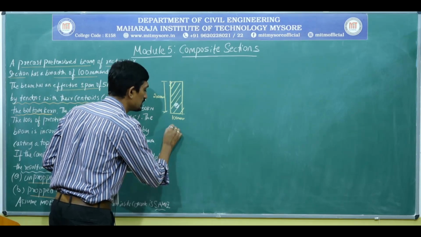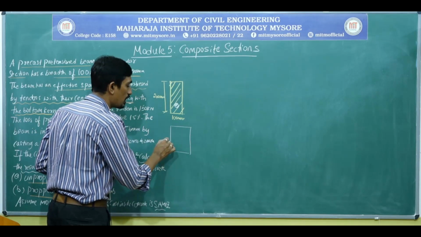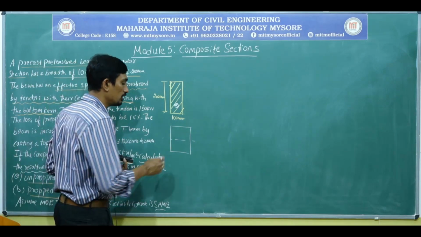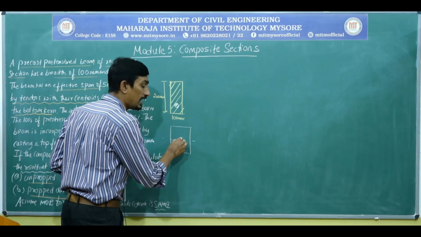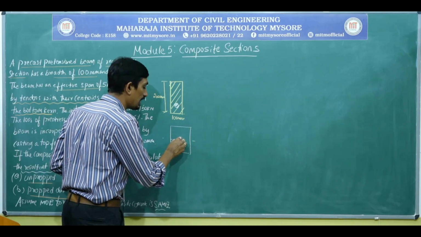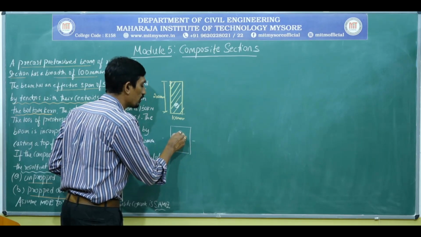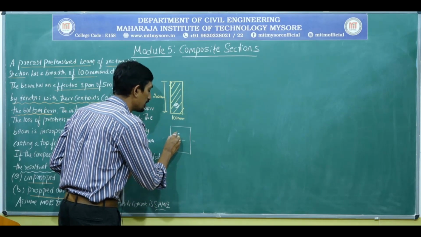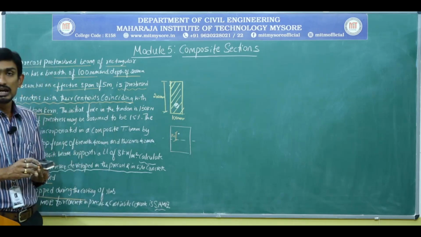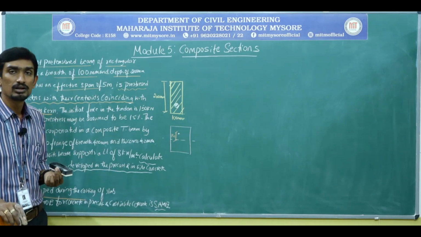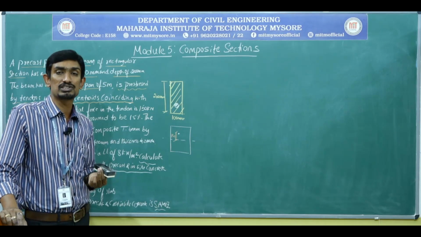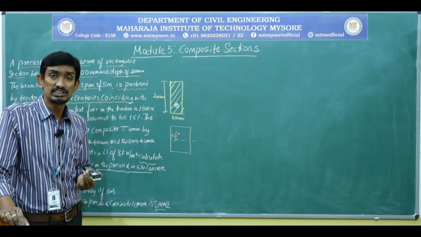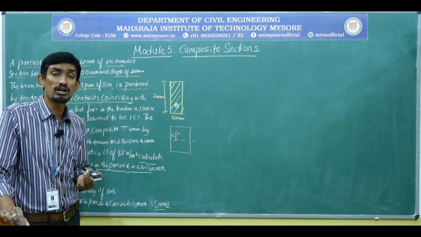For example, if I want to locate KT and KB, note that this is a rectangular section with a centroidal axis. From the centroidal axis I locate a particular distance, which will be called KT. That means KT is the distance of the CGS, or centroidal axis of the steel, measured from the centroidal axis of the section.